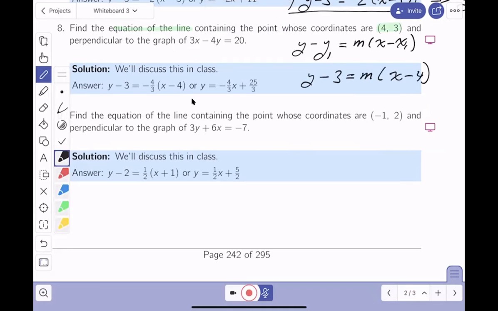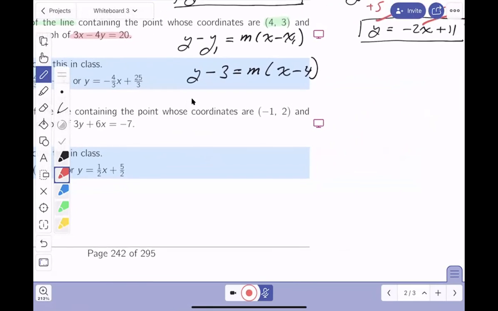Now, what did they say? They say it's perpendicular. All right, perpendicular. That the line that we're going to put down is perpendicular to this line. So what I have to do is solve this line for y. And let's go through that, right? So I'm going to write that on the side for you. And that's going to be 3x minus 4y equals 20.